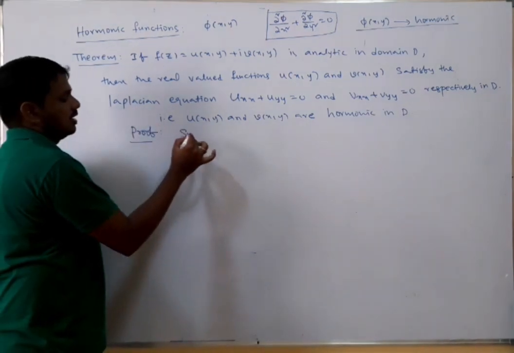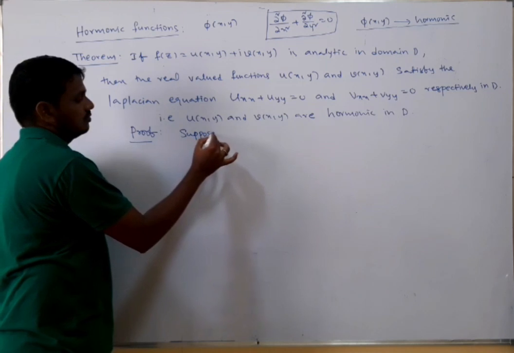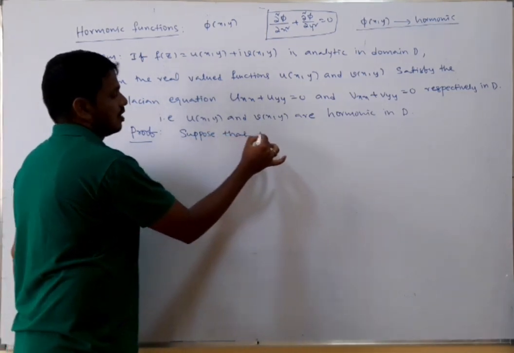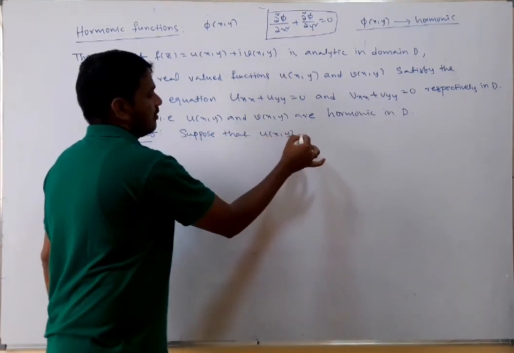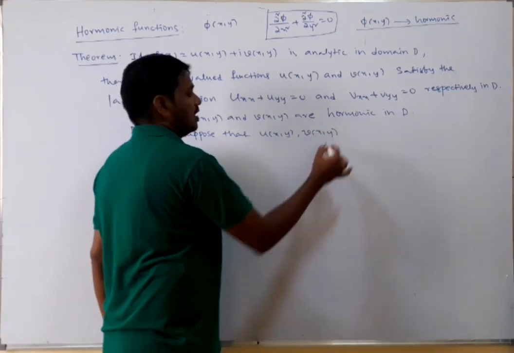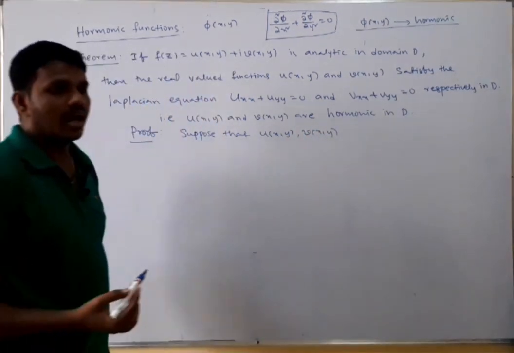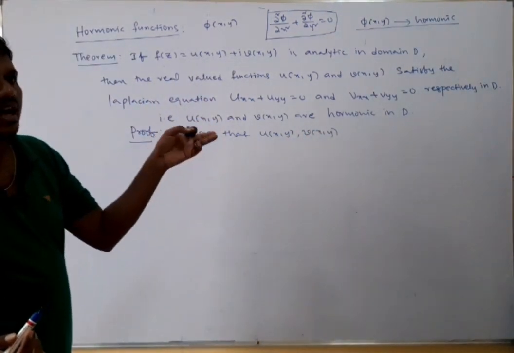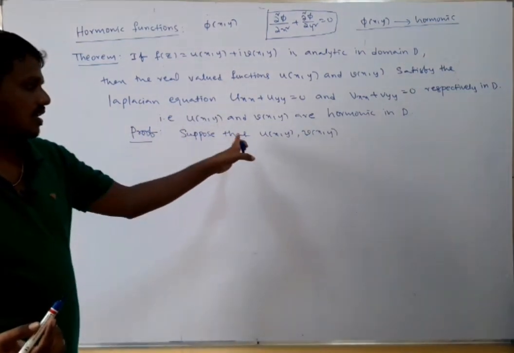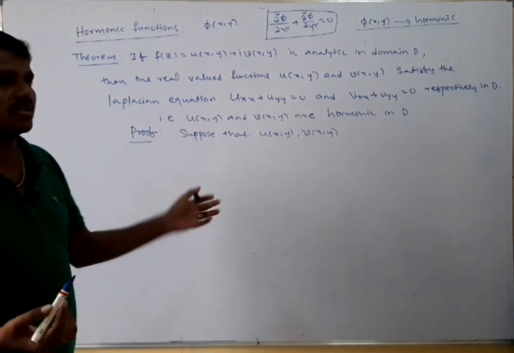Right, suppose that u(x,y), v(x,y) are two functions having second order continuous partial derivatives.